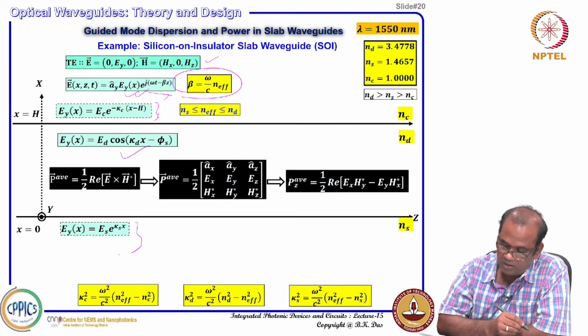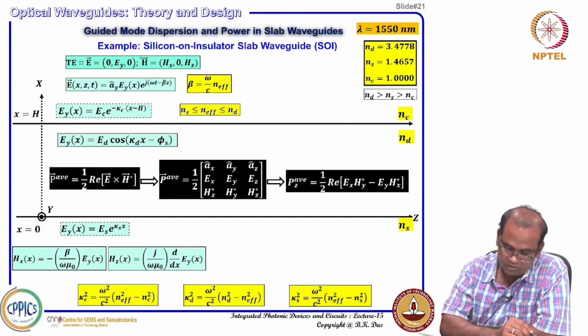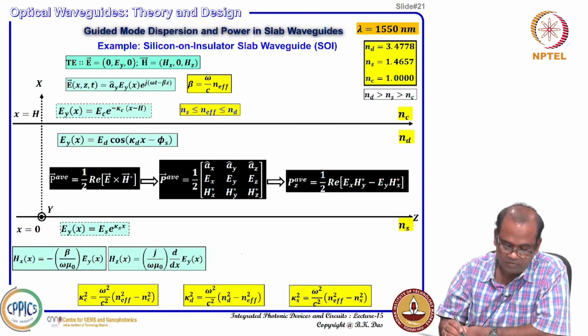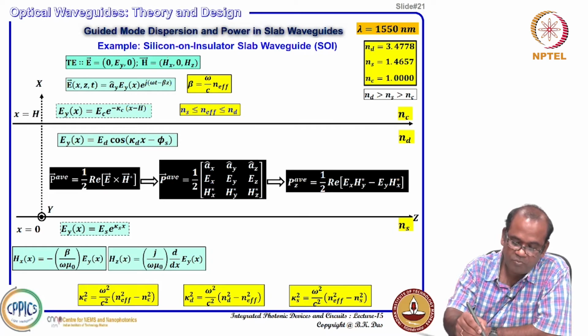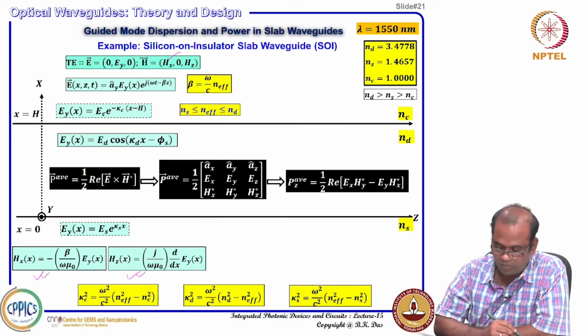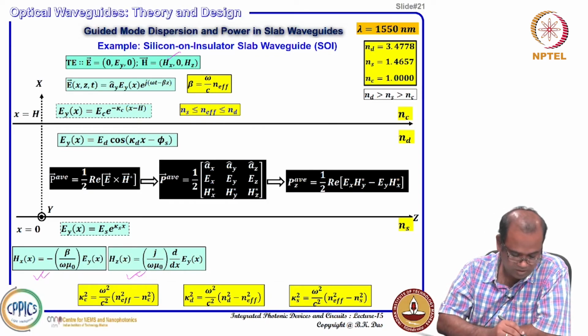The bottom cladding is also there, and for this purpose I need to have some energy flow in the z direction. We need to find out the other components, the magnetic field H x, H z. I know from Maxwell's equations that the H x and H z components can be derived once we know the y component of the electric field, that is what is written here.